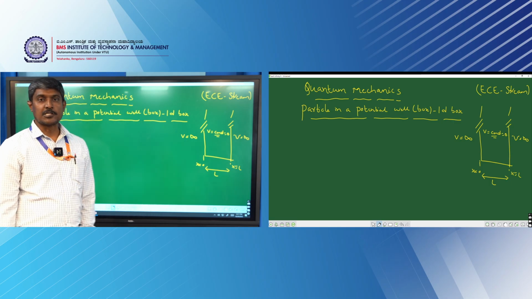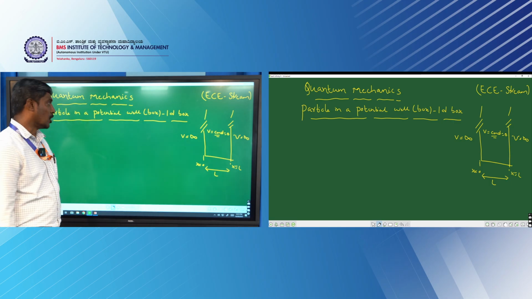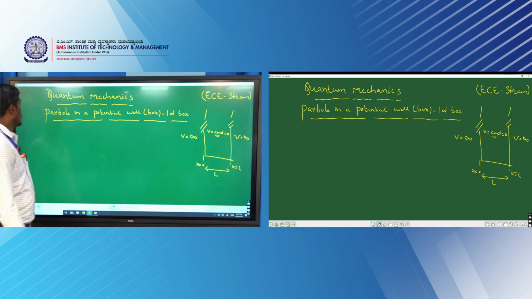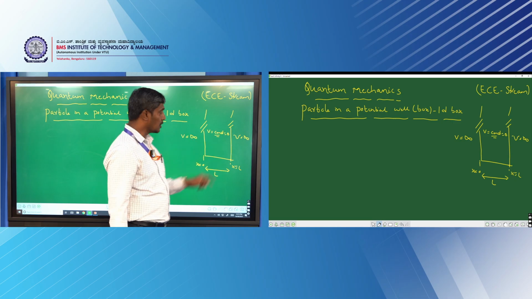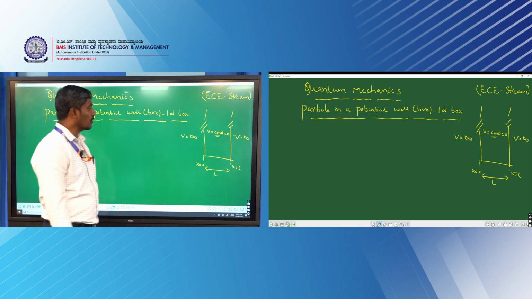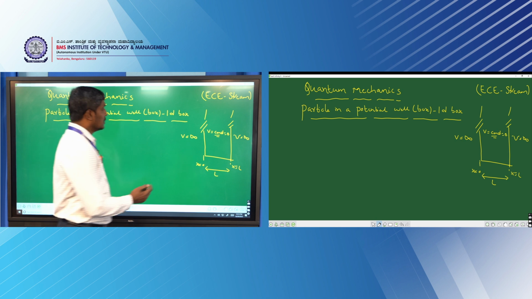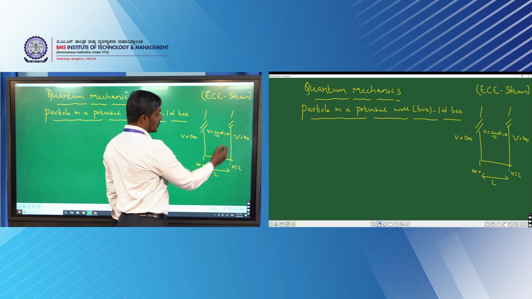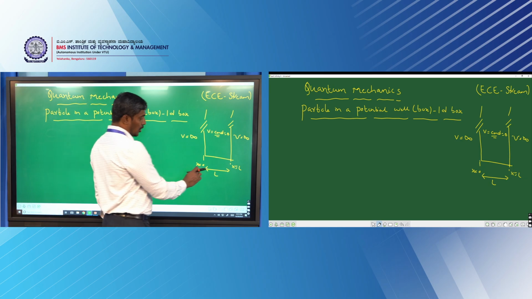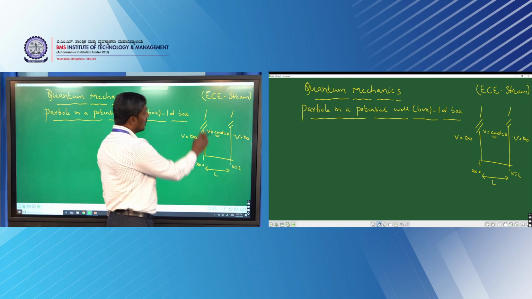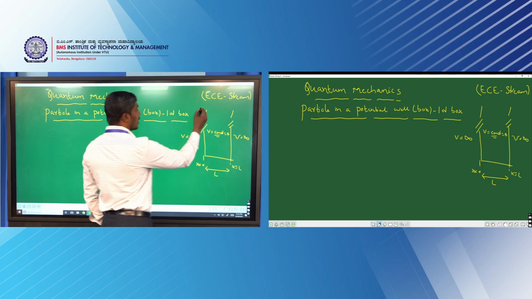Today I am going to explain particle in a box. It comes under quantum mechanics. Here a box means we are dealing with a potential box. I have created a potential well, or a potential box, of finite length L and infinite height.